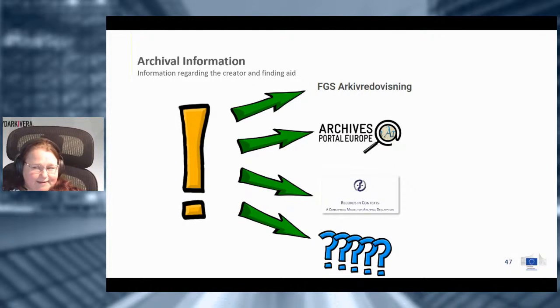They are using a lot of other standards for describing the material and so on. So keep it simple, use the things you are usually using. You don't need to implement a third or fourth way of describing the creator and the finding aid. Use what you have.